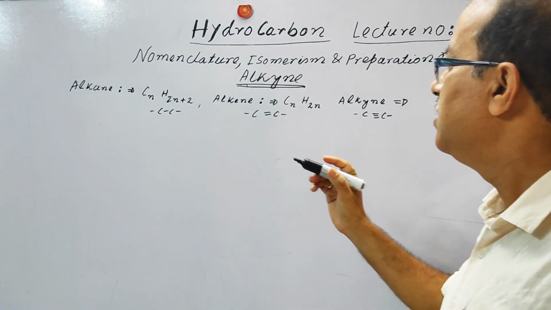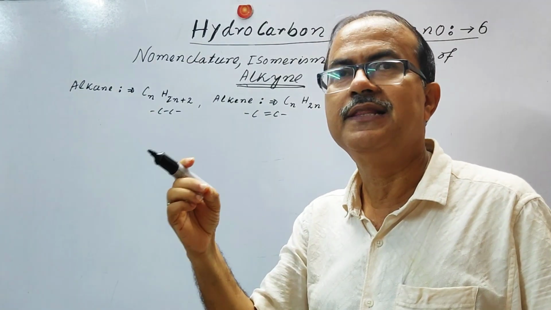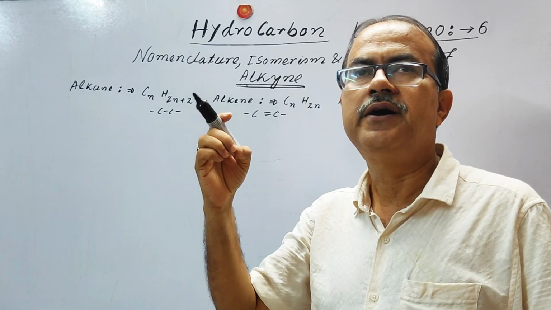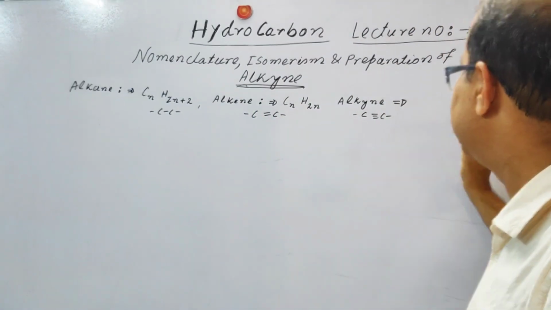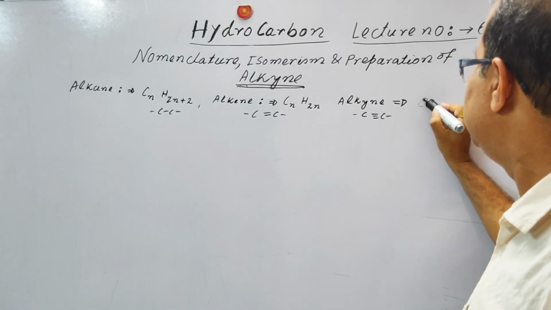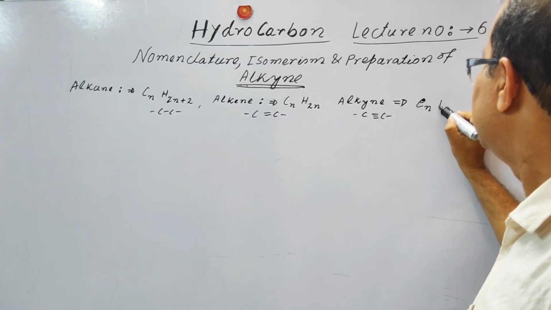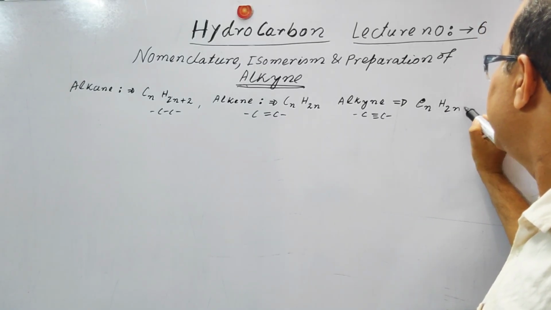So here also you will observe fewer hydrogen atoms as compared to the alkene. It is CnH2n-2.